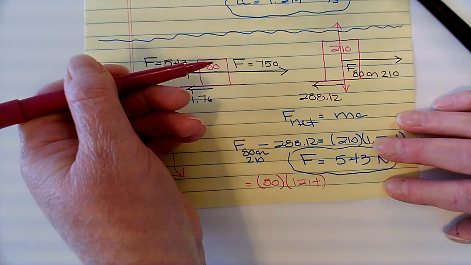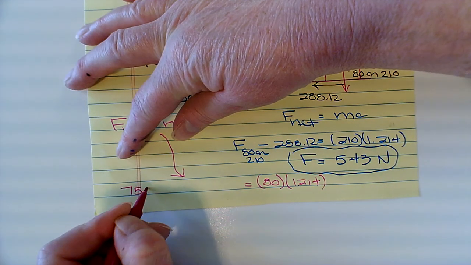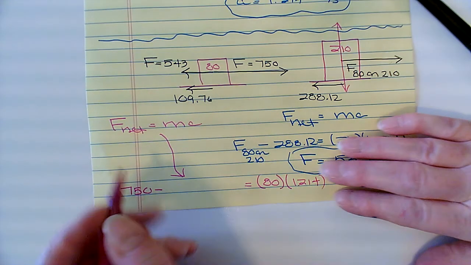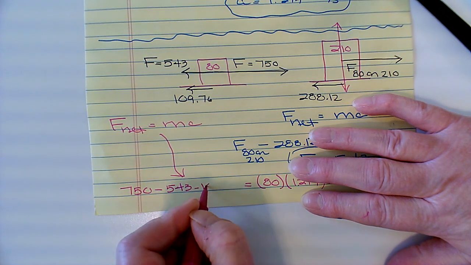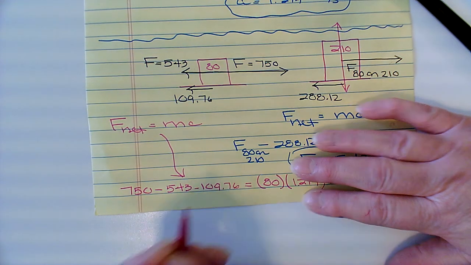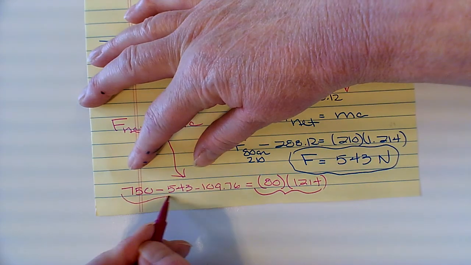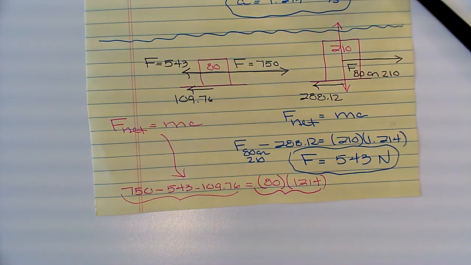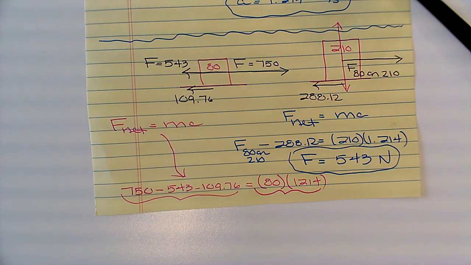I expect the whole system to be going to the right, so this is going to be the 750 minus the things that are pointing to the left, minus 543 minus 109.76. I multiply out this side, and I multiply out this side, and compare, and if they match, then I know that my answers, or at least I feel pretty confident that my answers, are correct. Okay, so hopefully that helps you solve that problem.